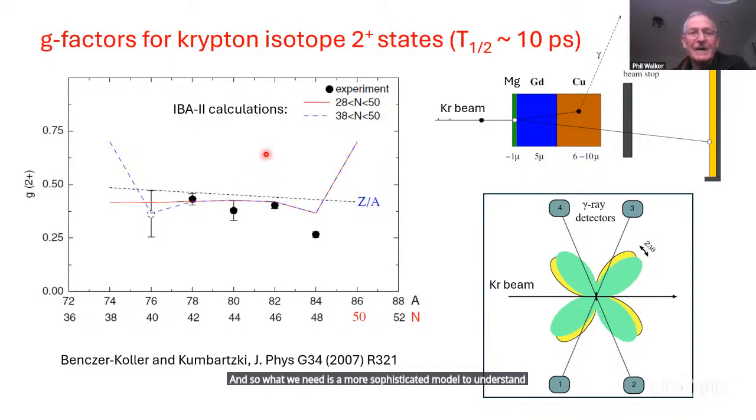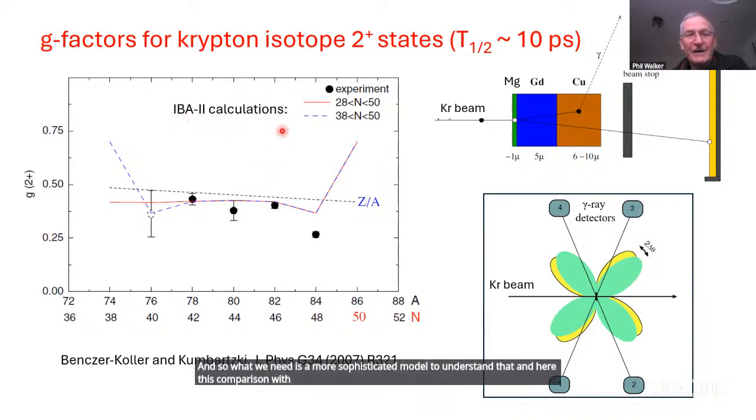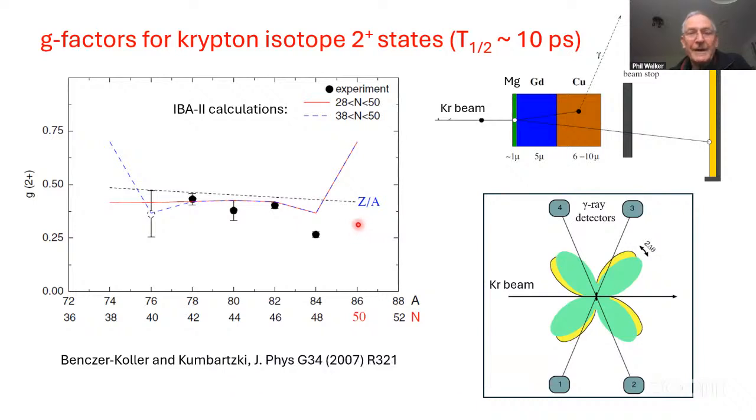And here there's a comparison with IBA2 calculations, which I have no intention of going into, but if you want to follow it up, there is a reference given. But there are many different models; the shell model is another choice.